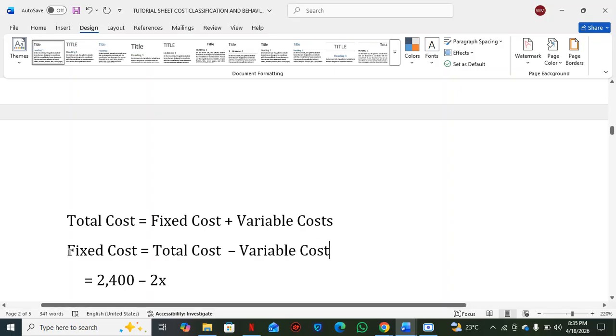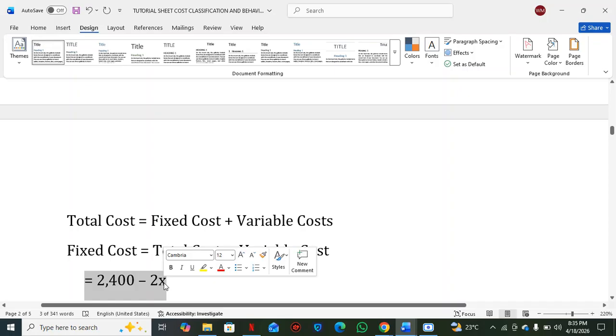Remember, we're using the high, so we're using the highest total cost, which was 2,400. Our variable cost was 2 kwacha per unit. X just represents number of units, colleagues. So our fixed cost is 2,400 minus 2x.